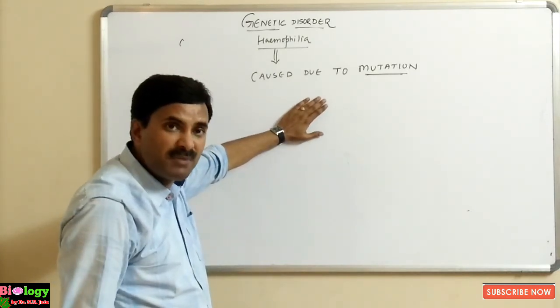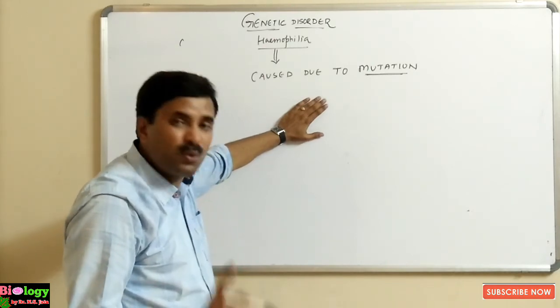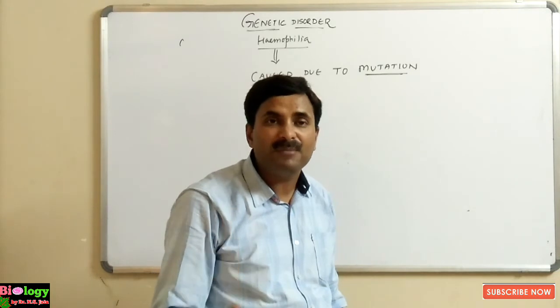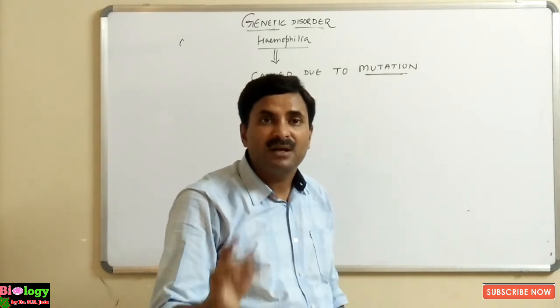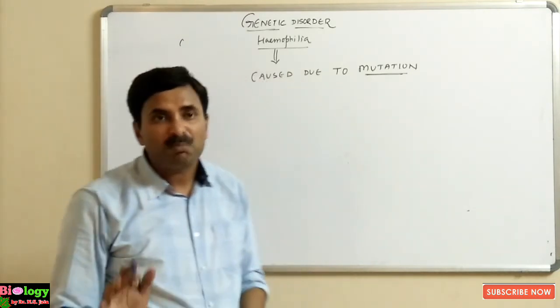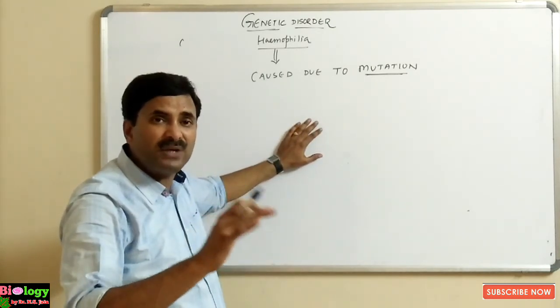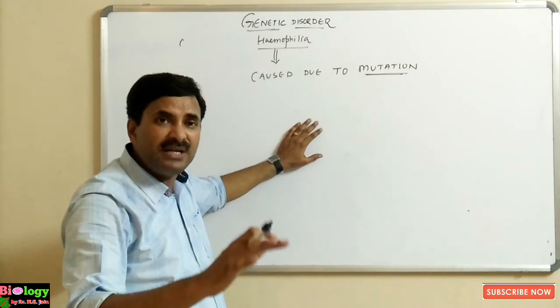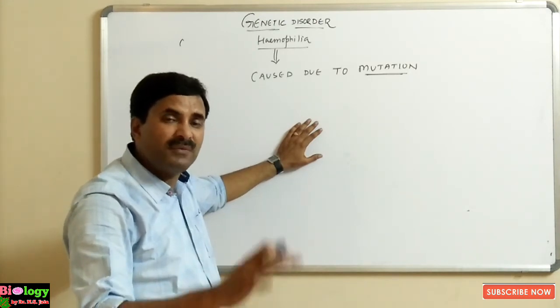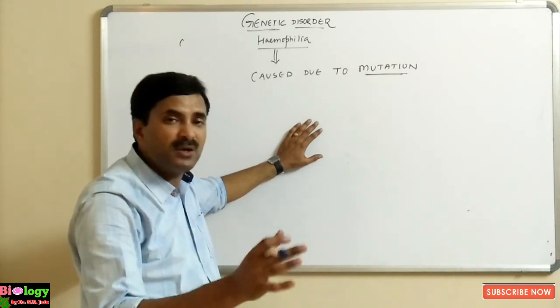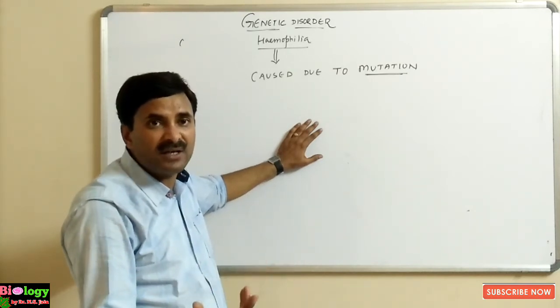Okay, and you must remember that though it is called the royal disease and it was concerned with the royal families of England, Spain, Russia, Germany, etc., you can also see that this hemophilia is now very common in India and other countries also. This hemophilia is a very common phenomenon, and many persons around you are hemophilic.